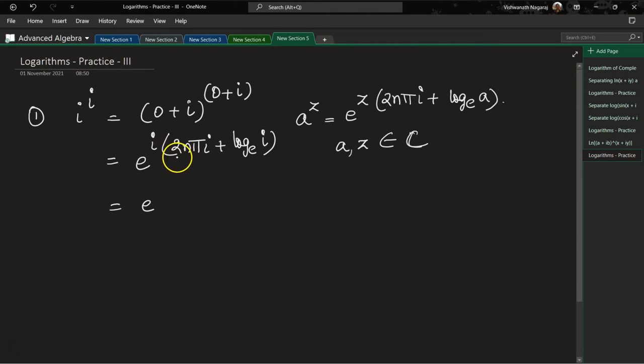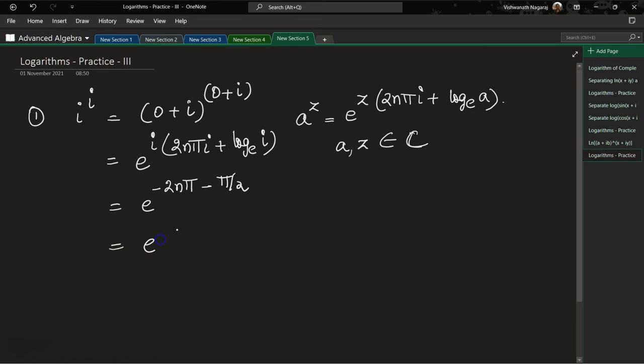We get i squared times 2n pi, so minus 2n pi, plus log e of i, which is pi i by 2, and i squared becomes minus, so minus pi by 2.